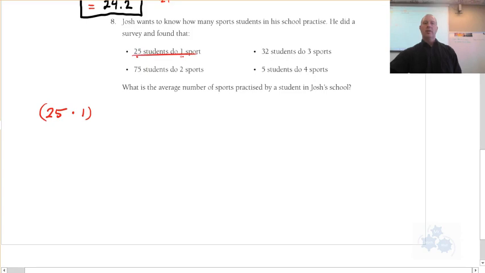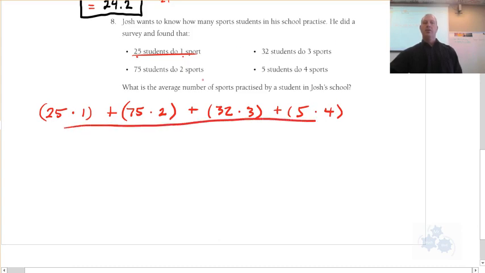So that's 1 category. Plus 75 students that do 2 sports, and so on. 32 students that do 3 sports. This is just finding an arithmetic mean the shortcut way. 5 students do 4 sports. And we're going to divide by the total number of students.